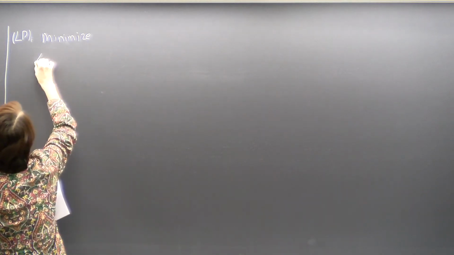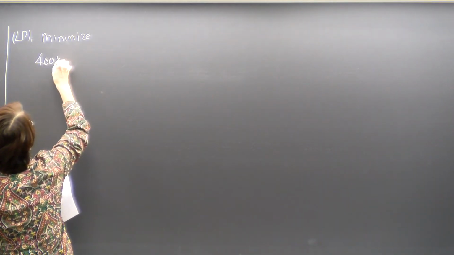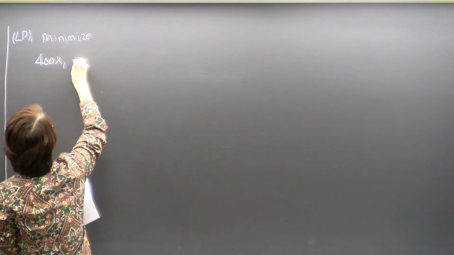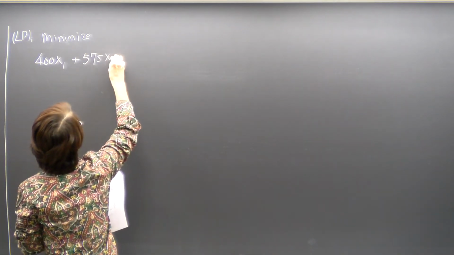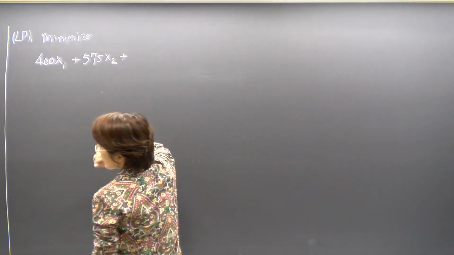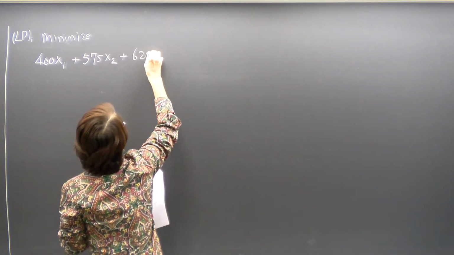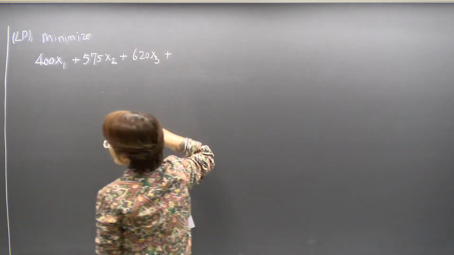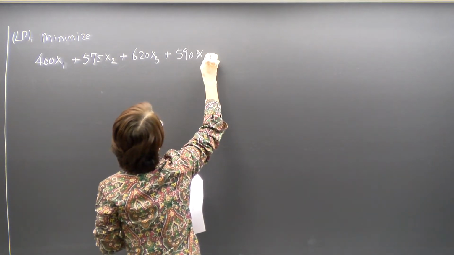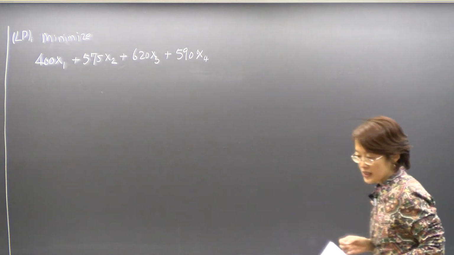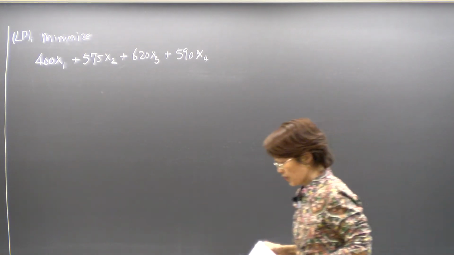So the price for using processor 1 will be this, and 2 will be 575 X2, and to use processor number 3 is this. To use number 4 is this. So these are the prices for using the processors.